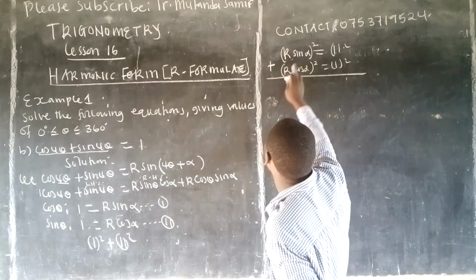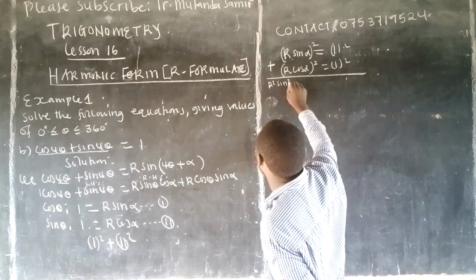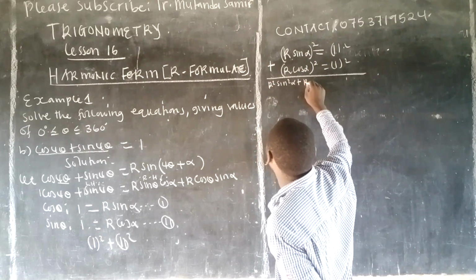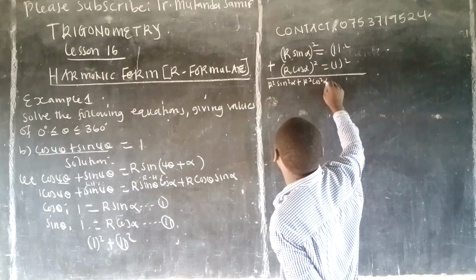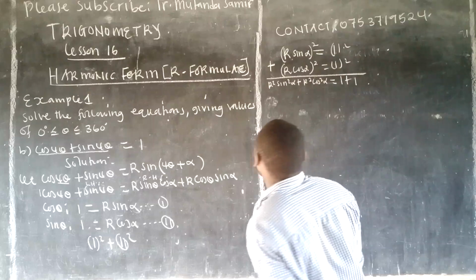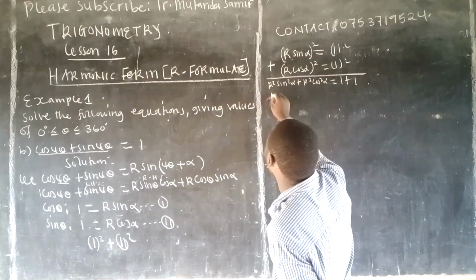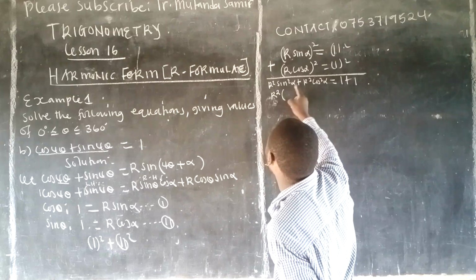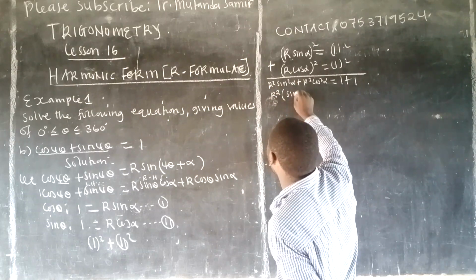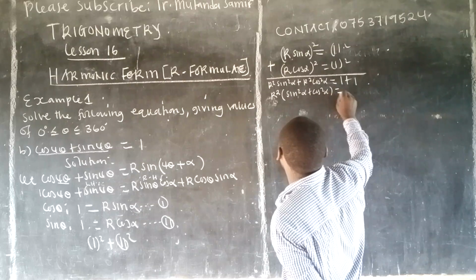When you square here, you get r squared sine squared alpha plus r squared cos squared alpha is equal to 1 plus 1. Why? It's because 1 squared remains 1. Now, proceeding, we have r squared as the common factor, times sine squared alpha plus cos squared alpha. This will give you what?